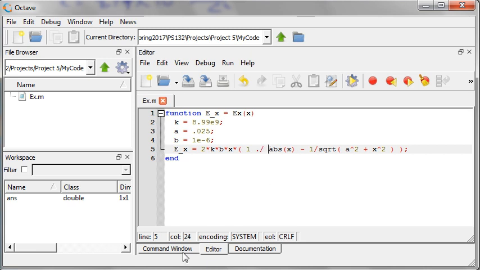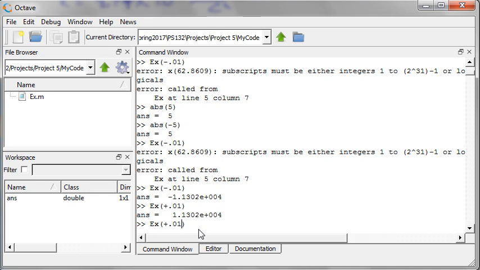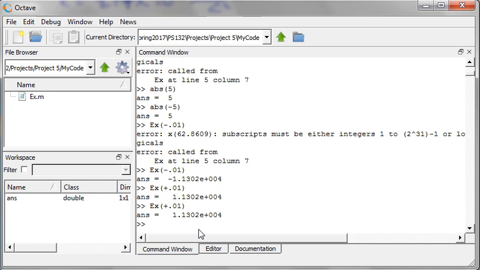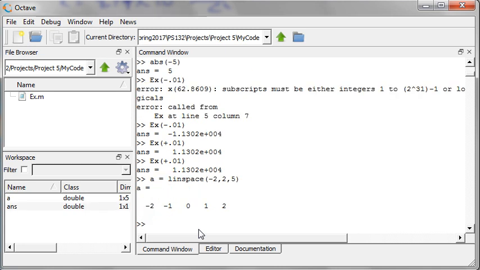I'm going to save that and create an X. I'll call it A. I don't know why, but I just feel like A, and I'll make it a linspace. Actually, I'll go minus 2, 2, 5 values.